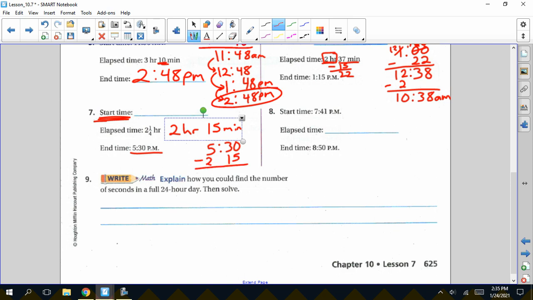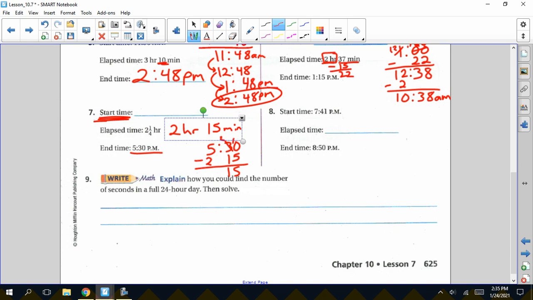Now you could just take off 15 minutes from 30, subtract, you're going to get 15 minutes. So if you were at 5:30 and you take 15 minutes off, you would be at 5:15.